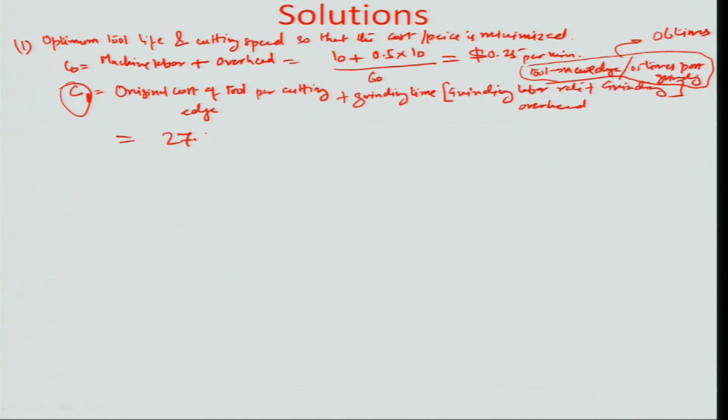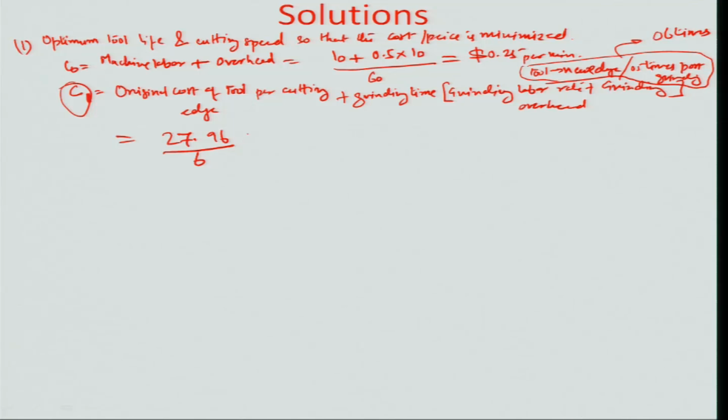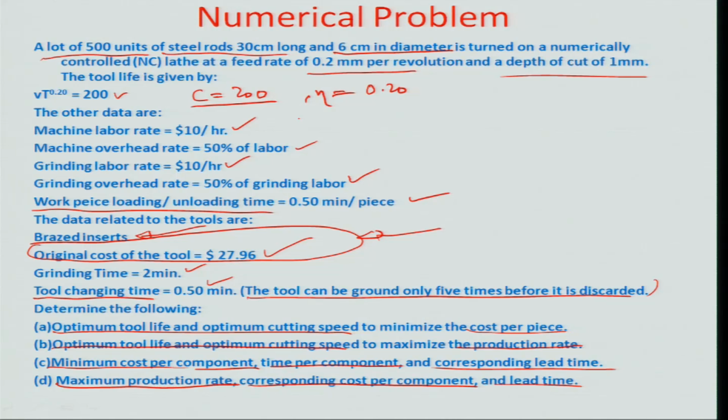So we divide the $27.96 by 6 in order to calculate the per cycle cost of the original tool per cutting edge, and then you multiply this with the grinding time, which is given in this case as about 2 minutes from the data point earlier.